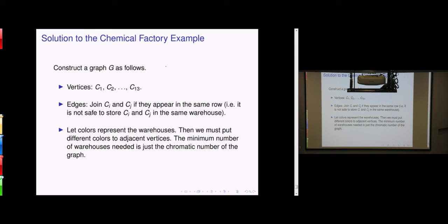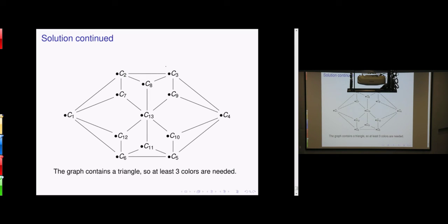So it has some application. I don't know how accurate this is, but this is the graph created based on the list. You have 13 chemicals, and you connect some of them because you cannot store them in the same warehouse.